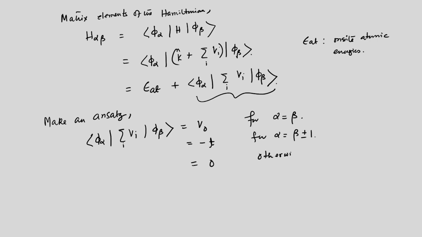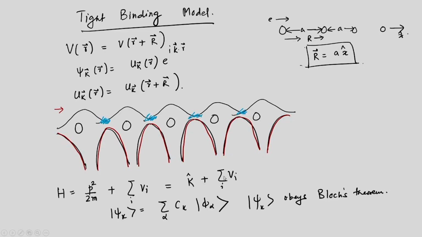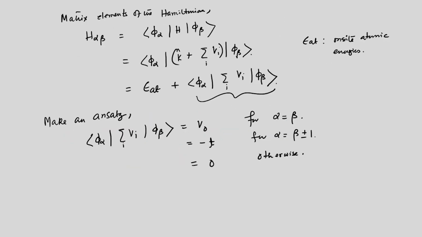Okay. So, what I mean is the following, that the matrix element for this Vi will vanish if these alpha and beta are not the wave functions that correspond to the neighboring sites, and for alpha equal to beta, that is the on site, that term can of course be absorbed in this epsilon AT.